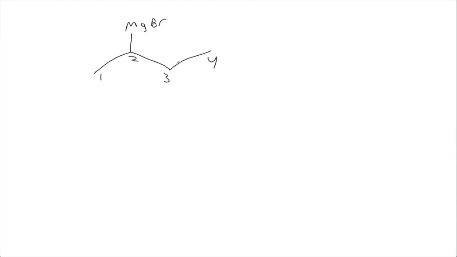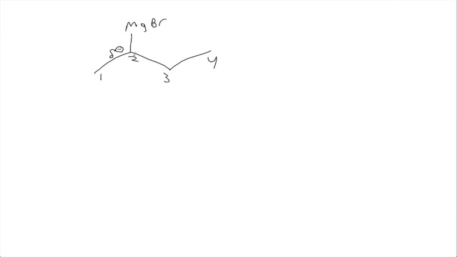Can you identify any roles that an atom might play here? Yeah, it looks like carbon 2 would make a good nucleophile because of its partial negative charge. Good. How do you know it has a delta negative?